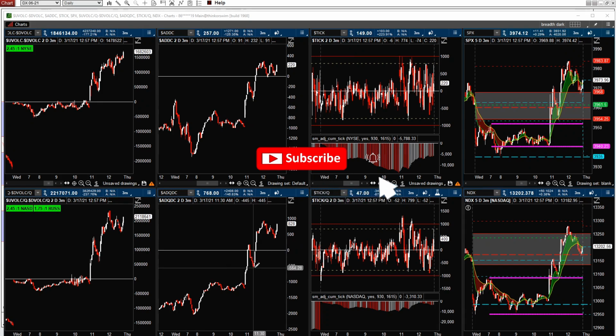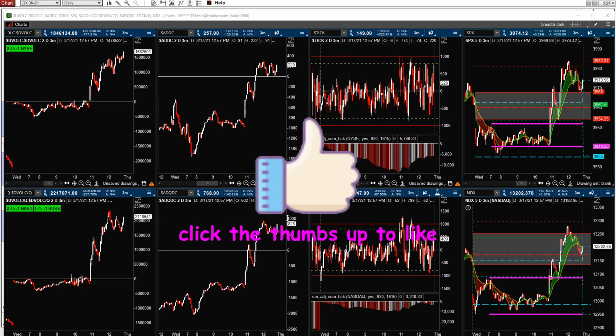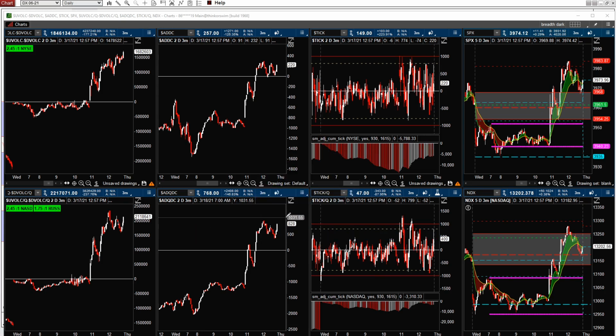And as soon as that was over, it just resumed back positive, and finished the day up at 828 or so, more advancing issues than declining issues. So you can see that's a heck of a turnaround from a little more than minus 2,000 to positive 800. That's a pretty strong turnaround.